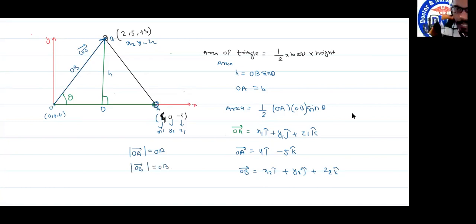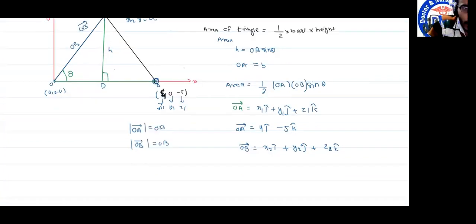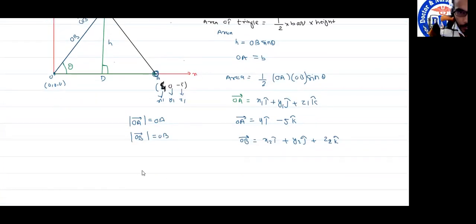So I can write area of a triangle is equal to 1/2 OA mod OB mod into sine theta, where theta is the angle between OA vector and OB vector.